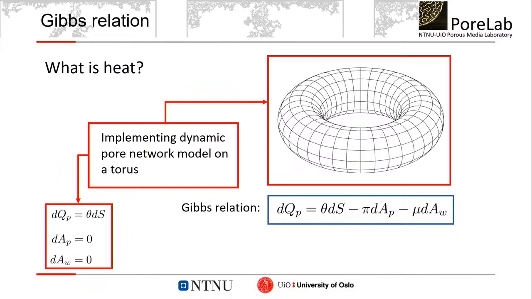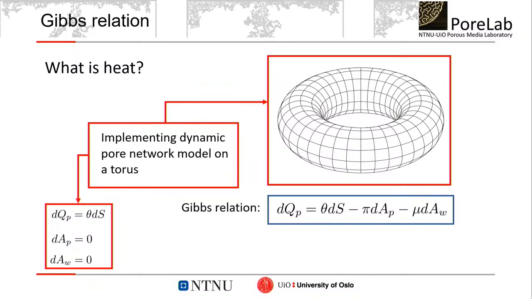So what's heat? Well, think of implementing the porous medium on a torus. Santanu Sinha, my close collaborator in Trondheim, uses this kind of donut quite often in his models. The point now is that if I do the Gibbs relation on this system, it's a closed system, that means that the saturation is constant, so this is 0, and I don't change the porosity, so this is 0.